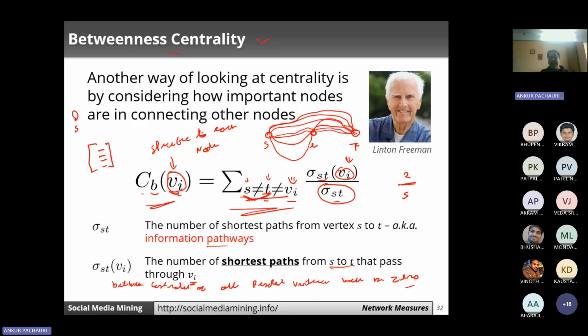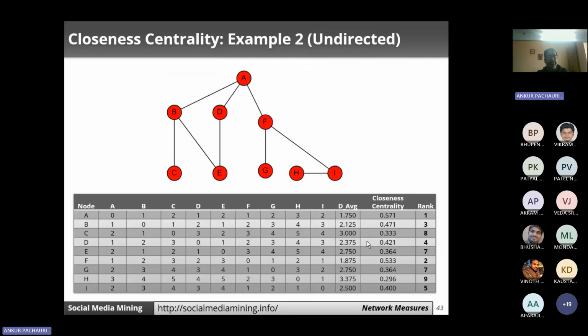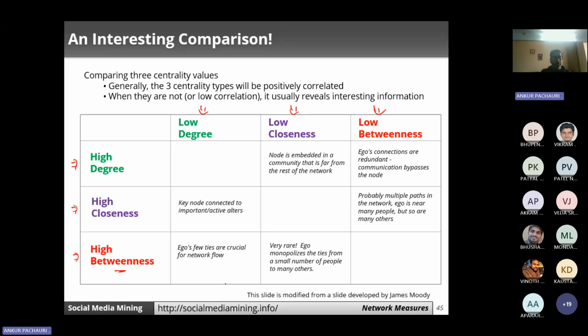If all those decisions are going through you, you may be important for them. You may be a vidwan: people who want to do something come to you for suggestions, and then they do their activity. So high betweenness means you are a suggestion maker or decision maker. Whatever they want to do, that decision or path goes through you. This is the interpretation of betweenness.